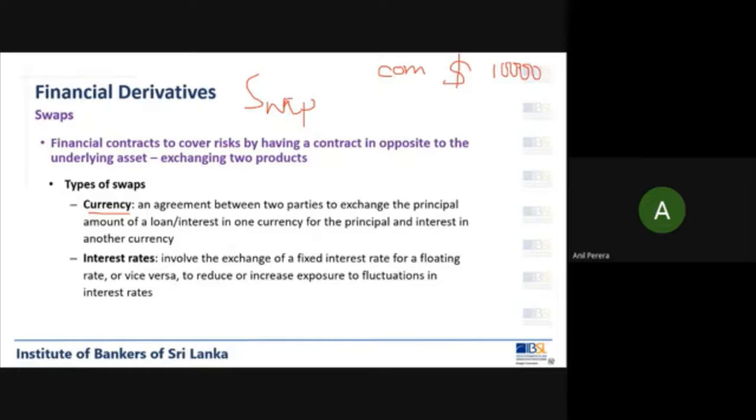Now, someday he has to pay back this dollar amount. And when he is paying, there could be large variations in currency value. Currency could be depreciated or appreciated. So, depending on that, the commercial bank might have some currency risk, currency loss, or profit could be there. So, to minimize it, the commercial bank gives this currency to the central bank.